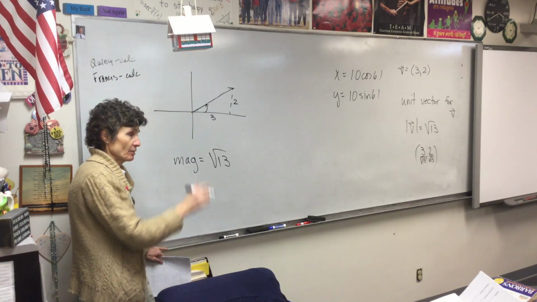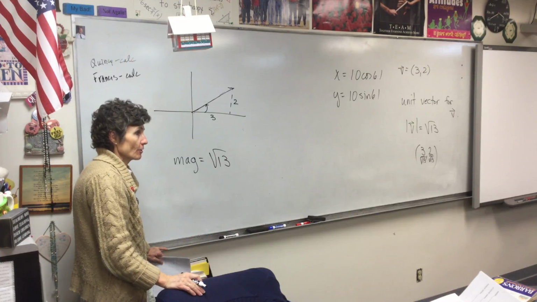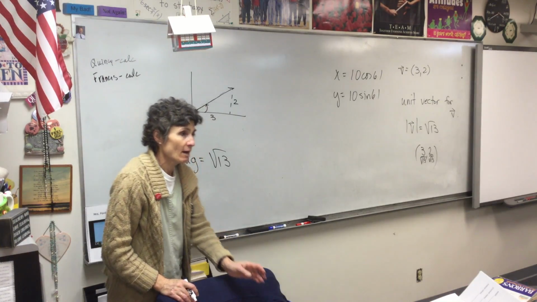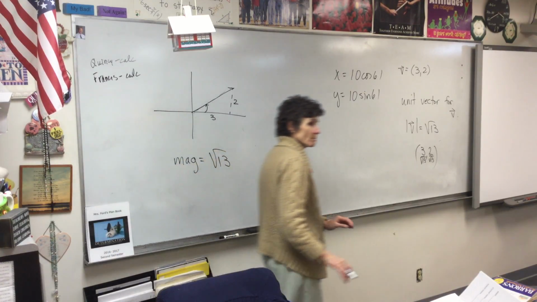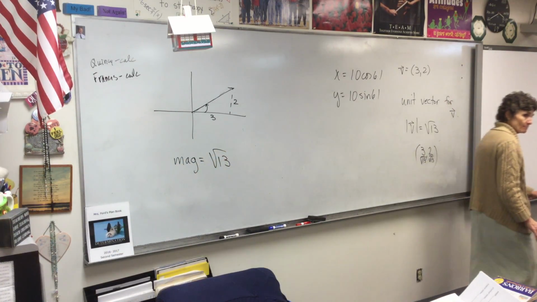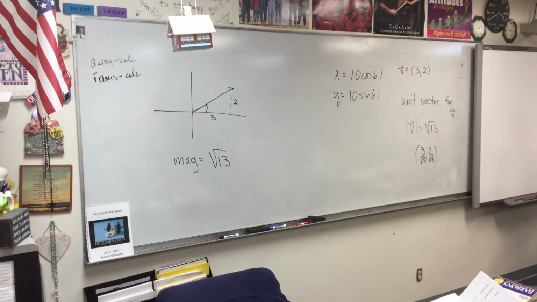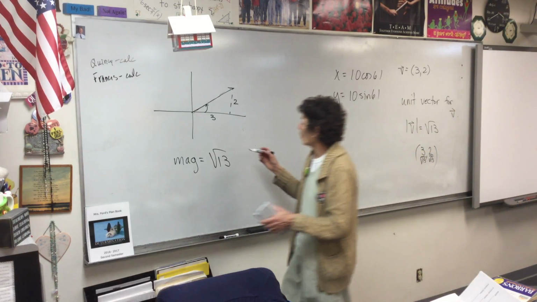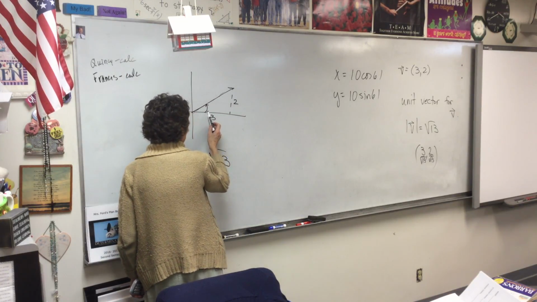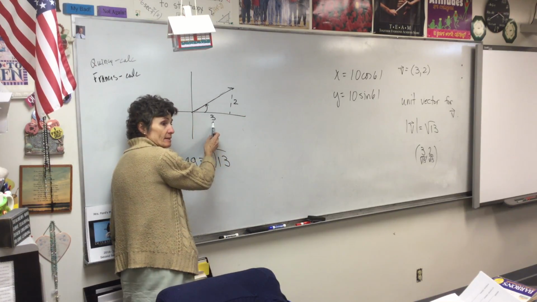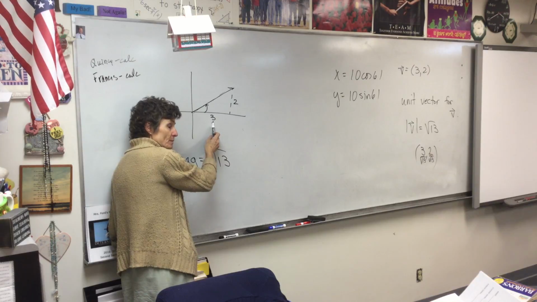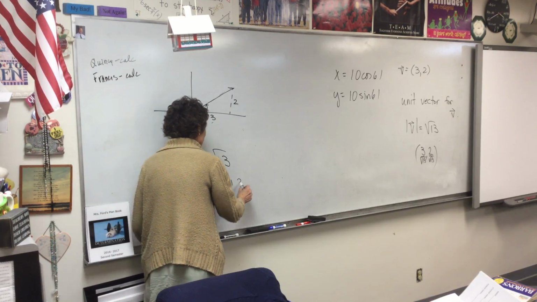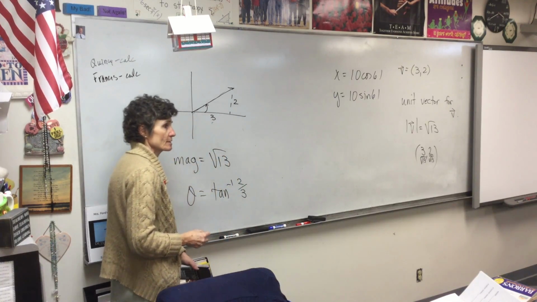I need my calculator. Bailey's getting hers out over there. When I find an angle on my calculator, I have to use my special button. You remember that? So special sine, special cosine. Actually, we're going to use tangent because we know this angle's tangent is 2/3. So we type into our calculator second tangent 2/3.